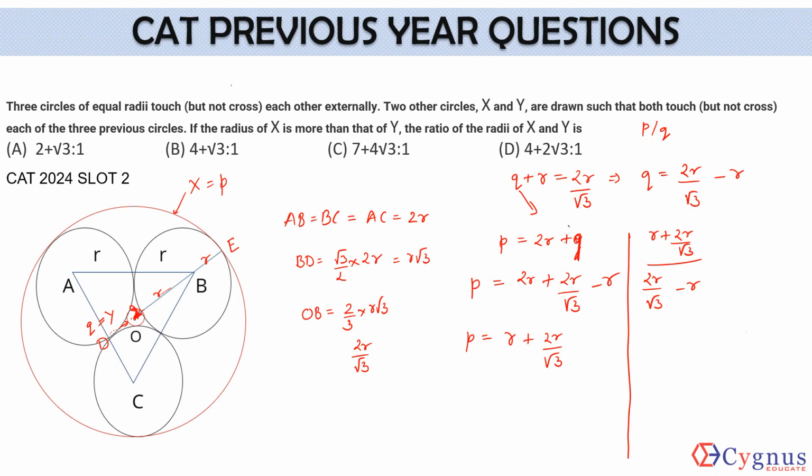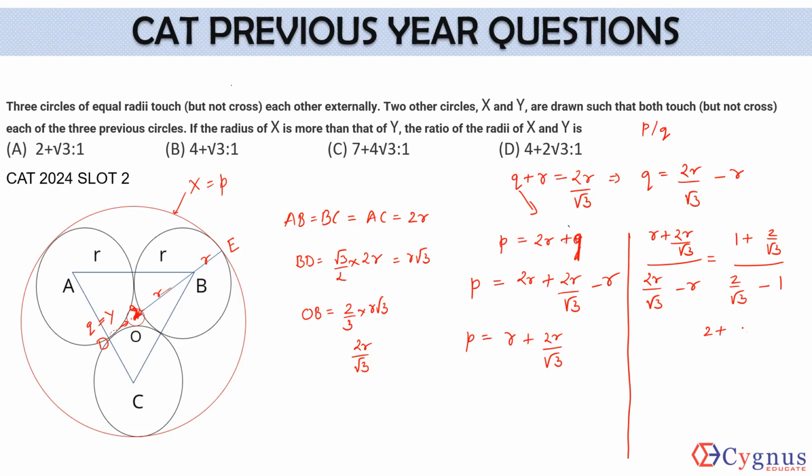What I can do, I can take R common from the numerator and even from the denominator, which will be cancelled out finally. So we'll be left with 1 plus 2 by root 3 divided by 2 by root 3 minus 1. I need to simplify this one. So after simplifying this, root 3 will be cancelled out.